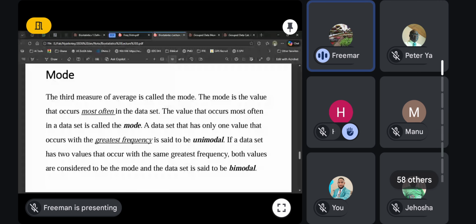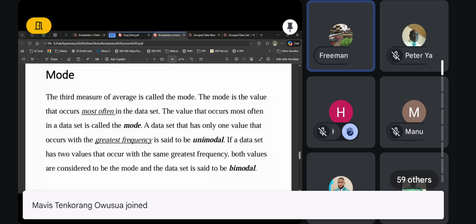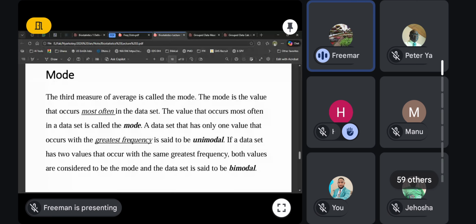Because 130 occurs 15 times as the highest and 142 also occurs 15 times as the highest, when you are asked what is the mode for that data set, you are going to quote 130 and 142 as the mode, because the two of them occur highest in the data set. And we are referring to that kind of data as being bimodal. Bi means two. The modal there is just an adjective derived from the word mode.